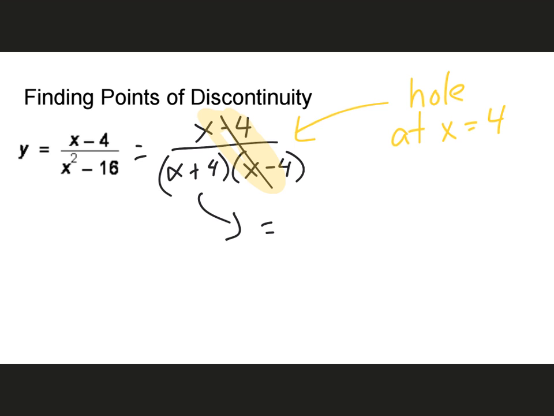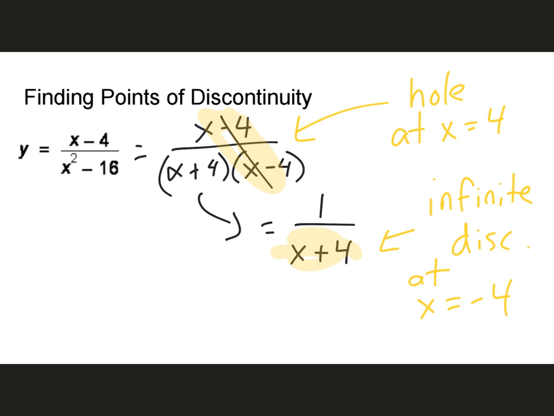Now our simplified function is 1 over x plus 4. So examining that denominator, we have a denominator of x plus 4. That means that we have an issue occurring on our graph at x equals negative 4, and that's going to be an infinite discontinuity because I know the shape of the 1 over x plus 4 graph. So we have an infinite discontinuity at x equals negative 4 and a hole at positive 4.